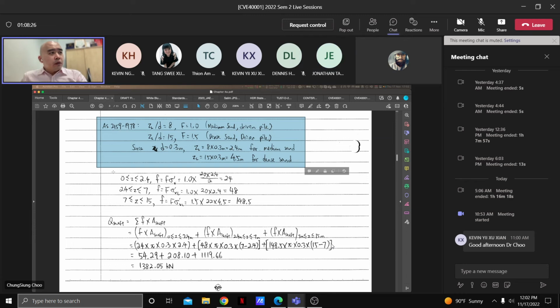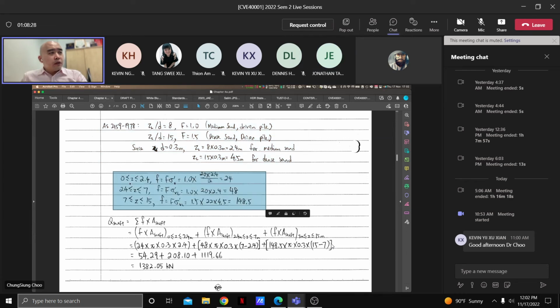From 0 to 2.4, it increases linearly up to 2.4 meters, and then it becomes 24 kPa. Then after that, it doesn't become 24 kPa. It is the overall F, because here you see they divided by 2. It's just that it's increasing from 0 to 48.